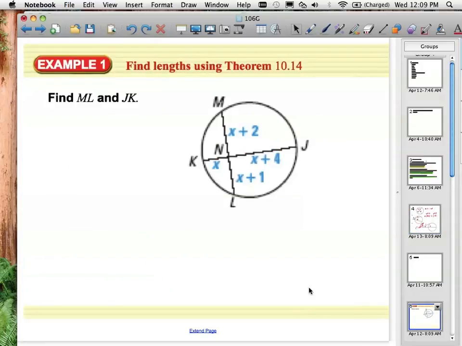Okay, here we go. First one, try this one. Let's find ML and JK. Not just kidding, actually find it.